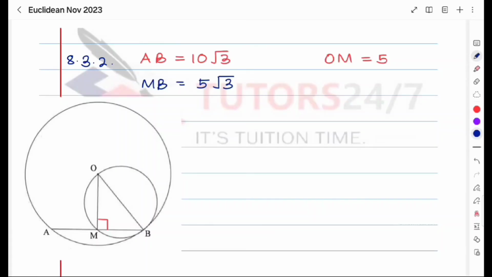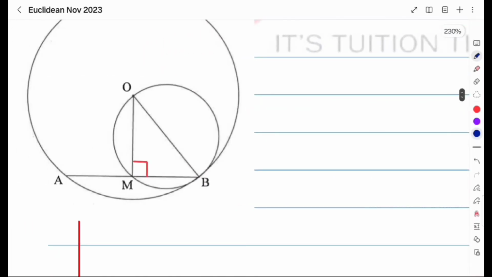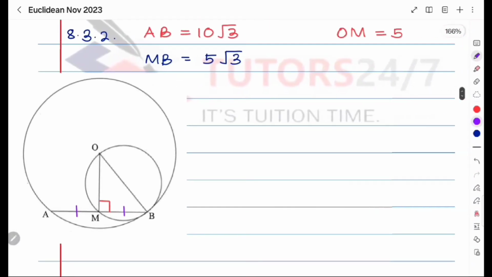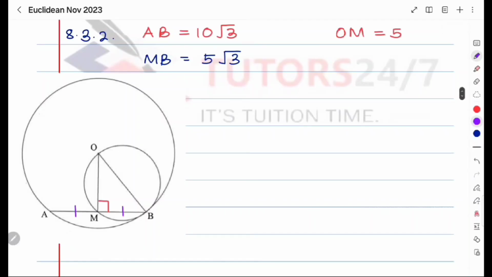Always remember that when the line drawn from the center is perpendicular to the chord, it means that the chord has been bisected, meaning it has been cut in half. So if you are given the length AB, all you do is half it, and you have the length AM or MB. So here, all we did was we halved 10 the root of 3.